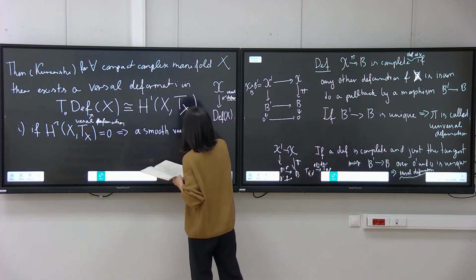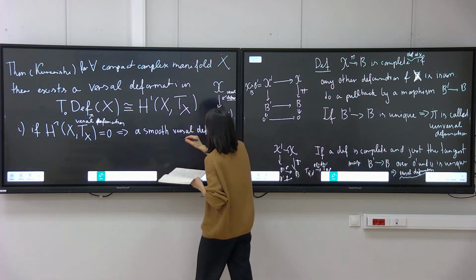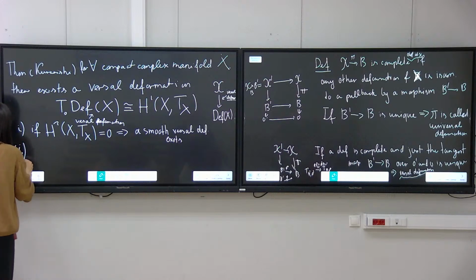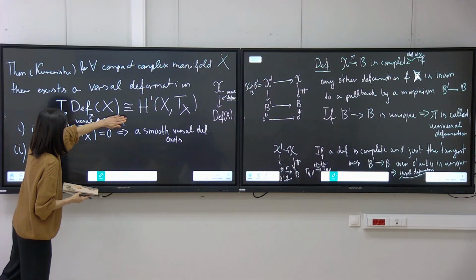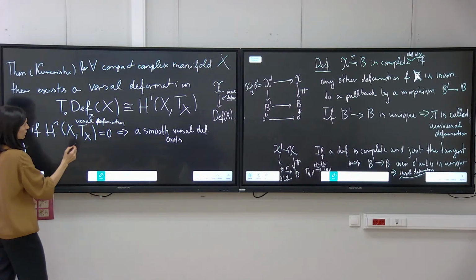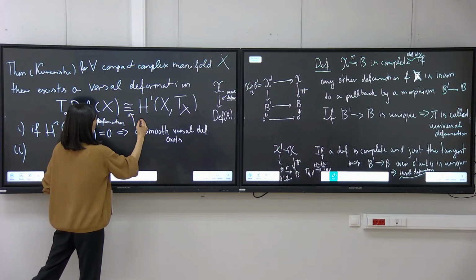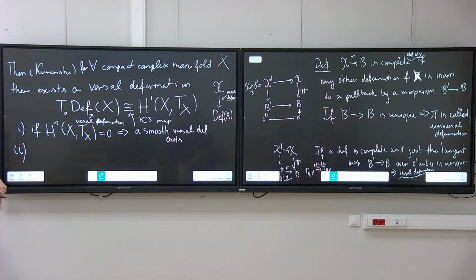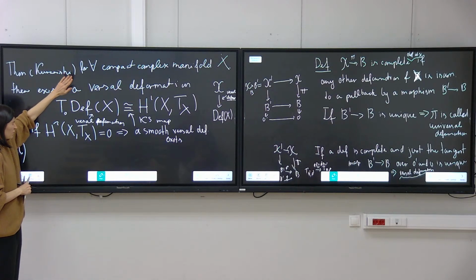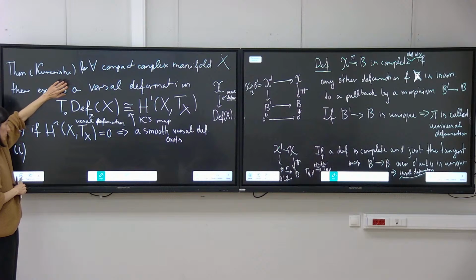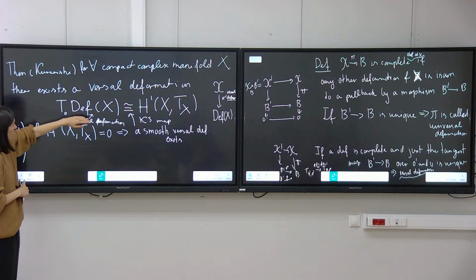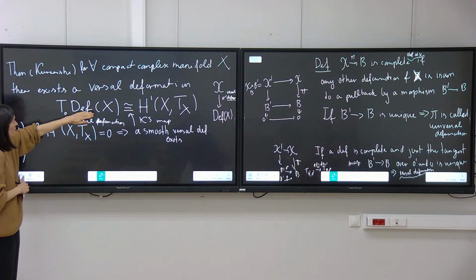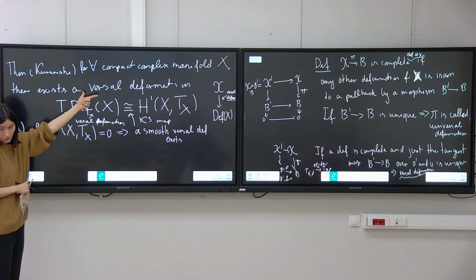Here we ask x to be smooth, but versal deformation can be non-smooth in general.